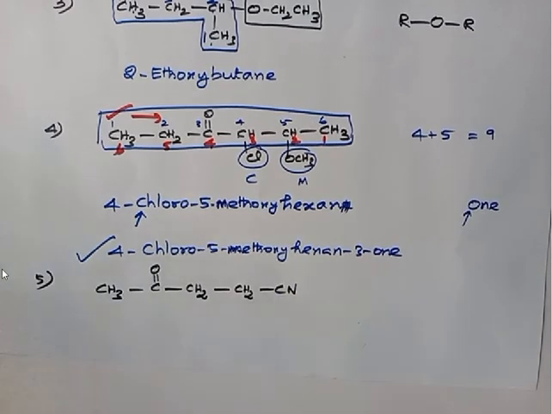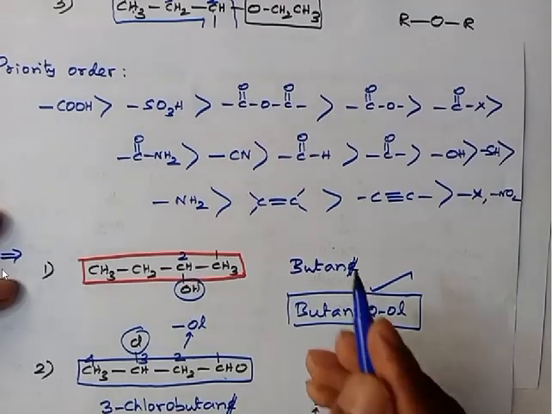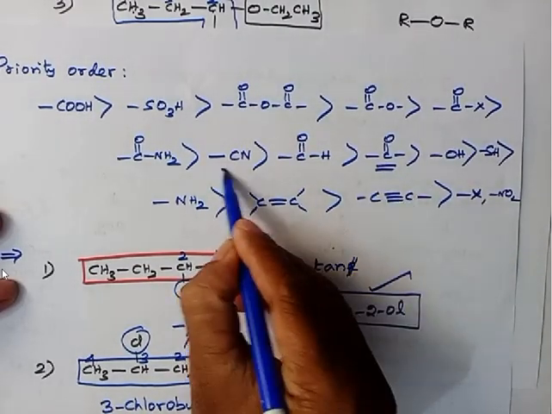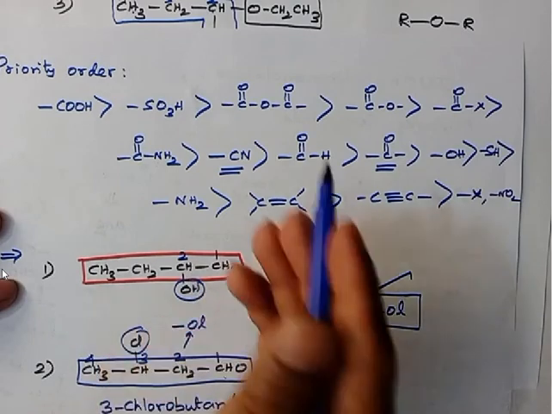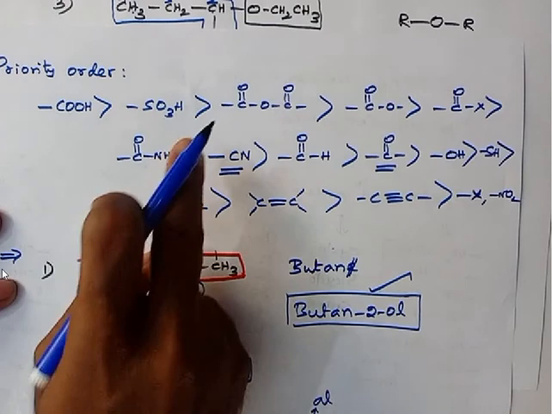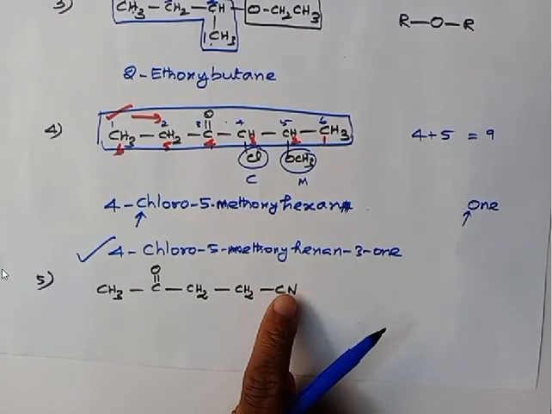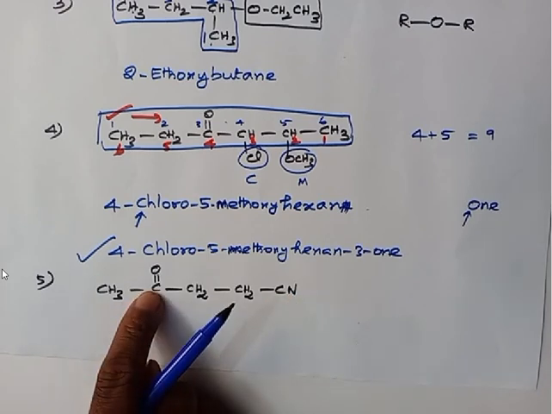If you see the priority order, compared to keto, cyano has the highest preference. Cyano should be given first preference. So priority is high for the cyano group. Therefore, the cyano group should be treated as the functional group, and the keto group should be treated as a substituent.